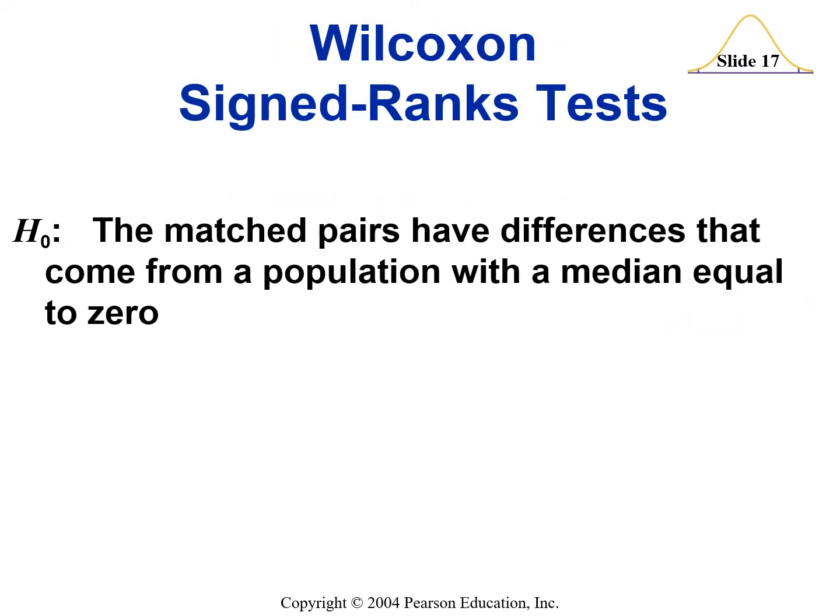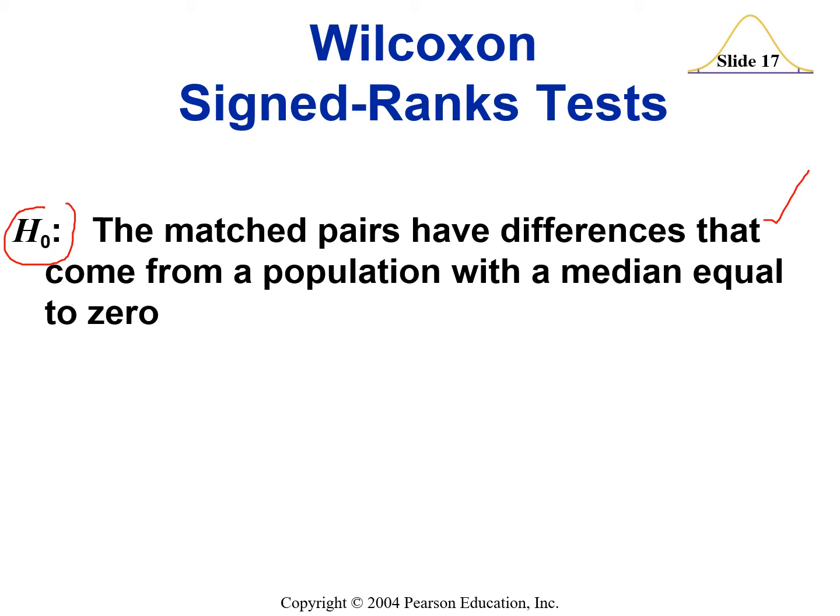Wilcoxon signed rank test hypothesis. H naught, the null hypothesis: the matched pairs have differences that come from a population with a median equal to 0. Please take the hypothesis as it is.